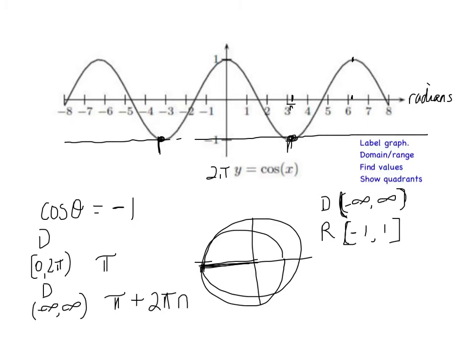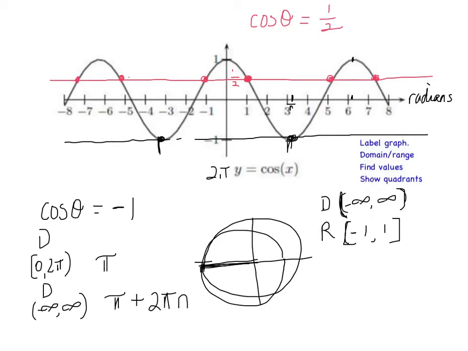Now, another way to think of this would be, say, for instance, I wanted to do the cosine of theta equal to 1/2. So what angles is the cosine of theta equal to 1/2? Well, it occurs here, and here, and here, and here, and here, and here.